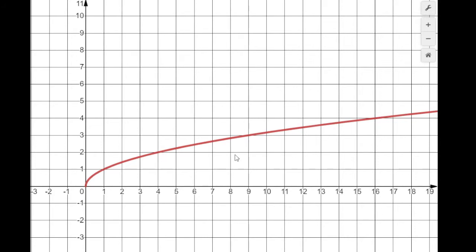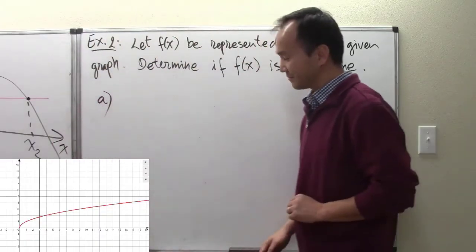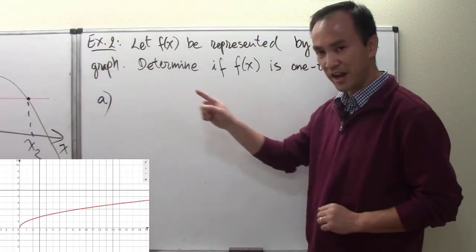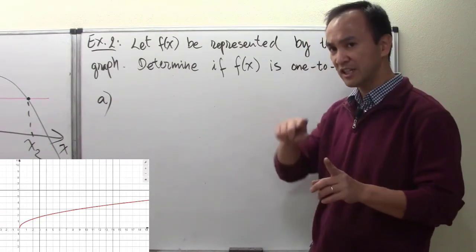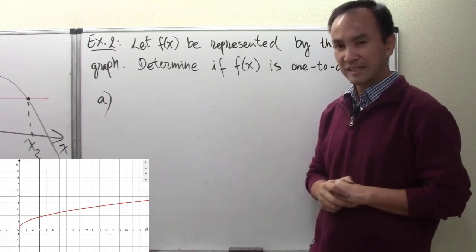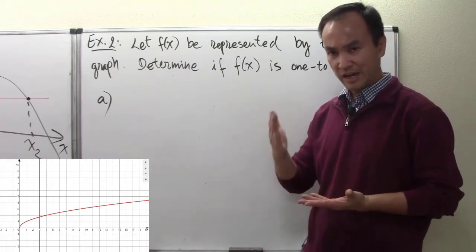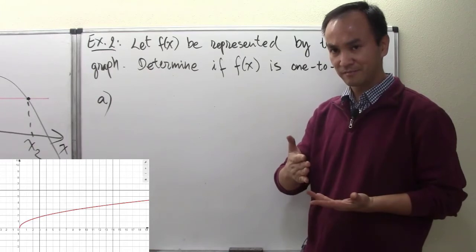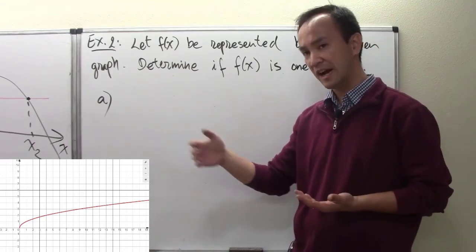All right, so hopefully you have had enough time to take a photo shot or to copy it down to your notes. Now I am going to put that to a corner of my board. So this is the graph for our function f of x in part A. We're going to use that to decide whether this function is a 1-to-1 function or not. So again, recall, in order to be 1-to-1, every output has exactly one input taken to it.